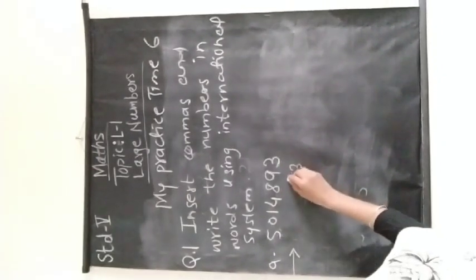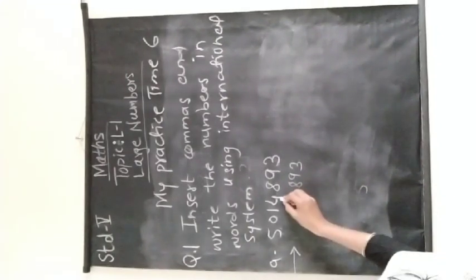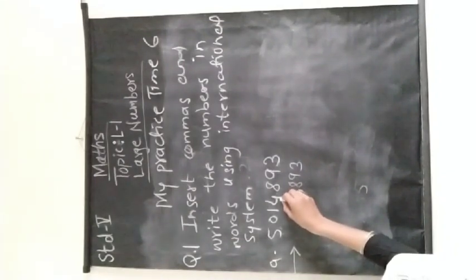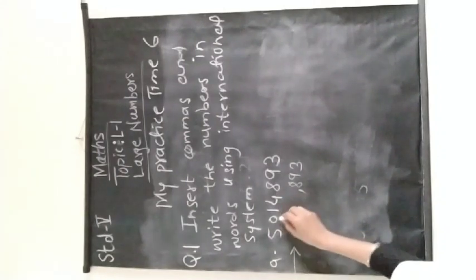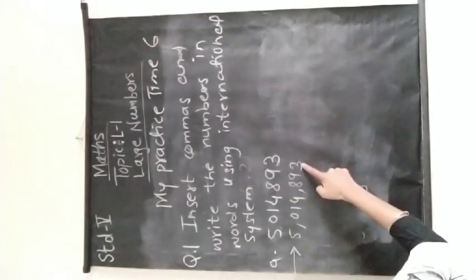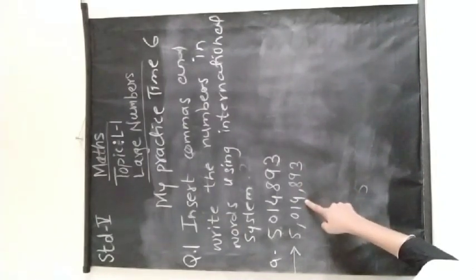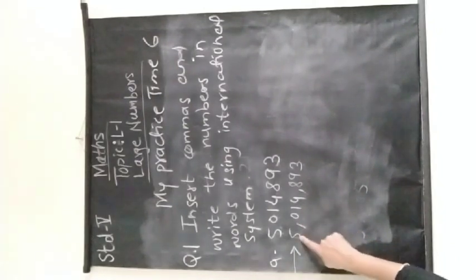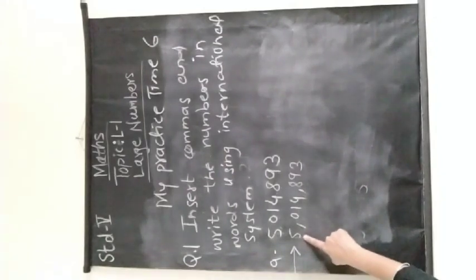So first the comma will be there, then the next places are thousands, 10,000, 100,000, then give a comma, and then here will be the million place. This is the million place.